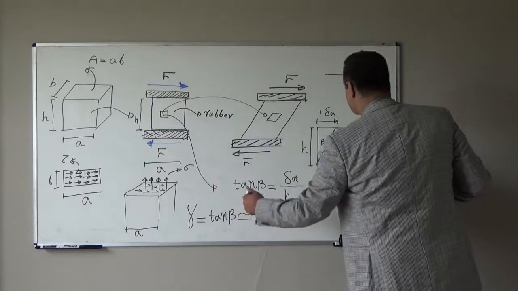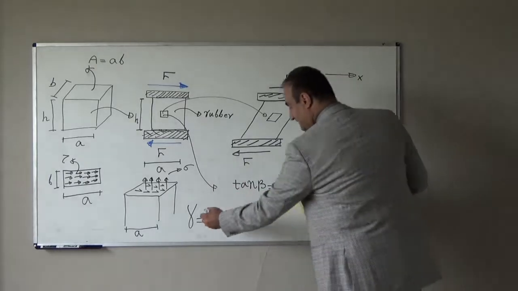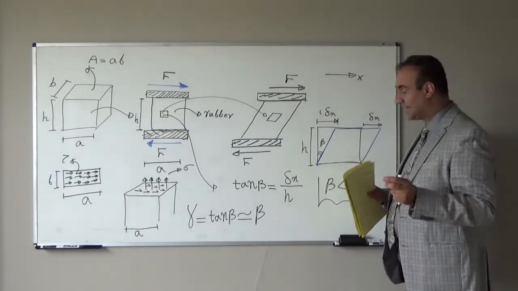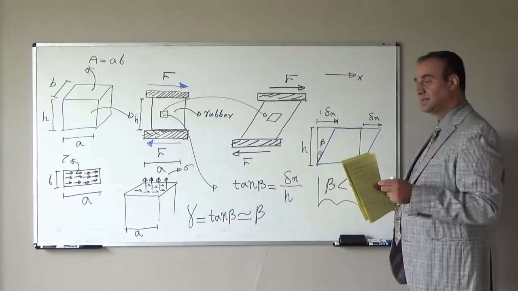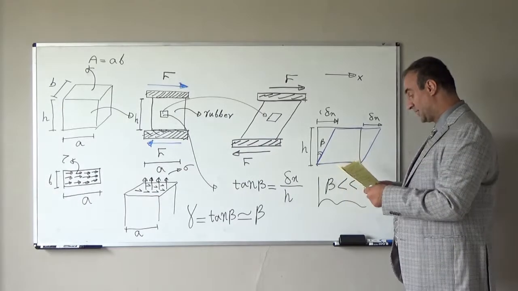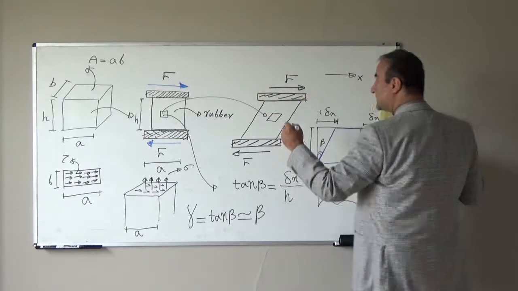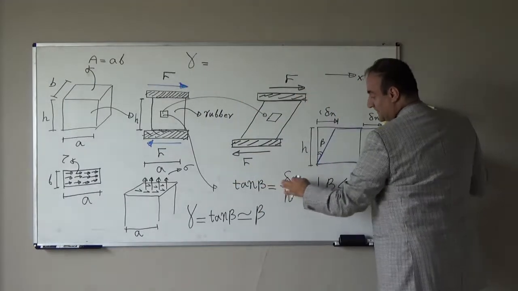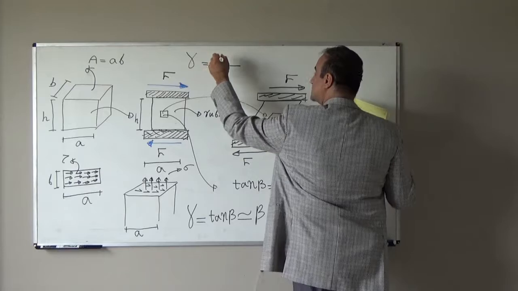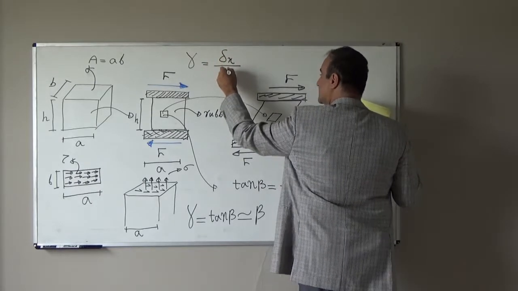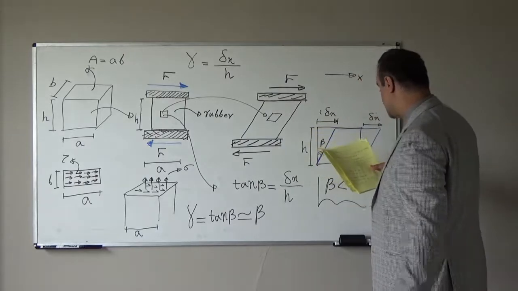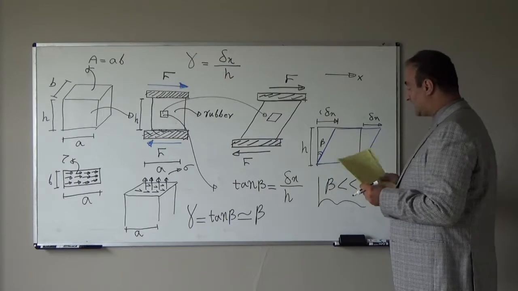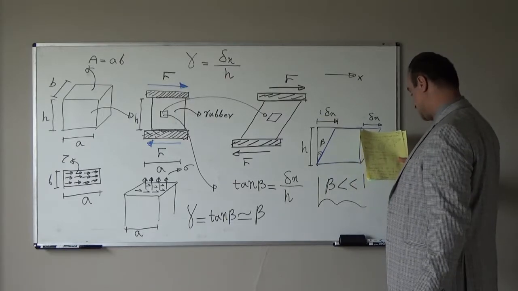So I can show with gamma, because gamma is equal to the tangent beta, and tangent beta, because it is a small angle, is equal to beta in units of radians. From here I can write gamma is equal to, instead of tangent beta, delta x divided by h. This we call shear strain. This gamma we will call shear strain.